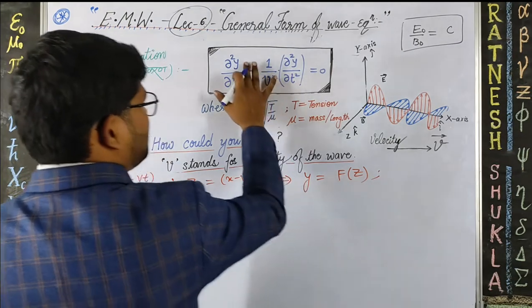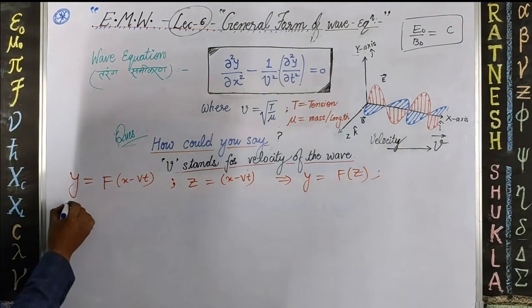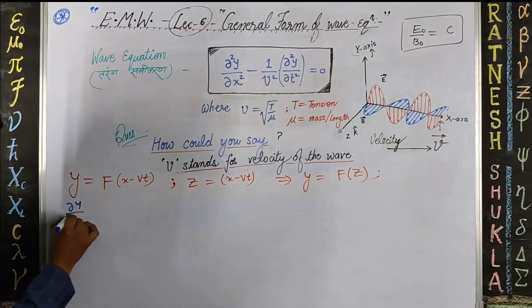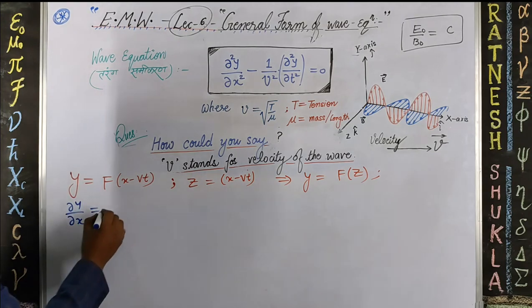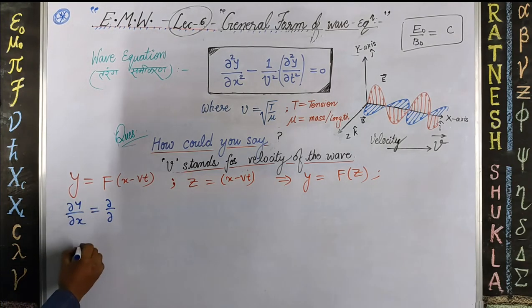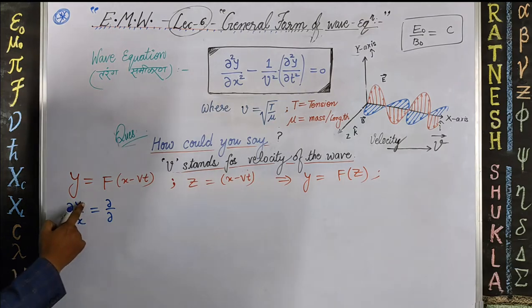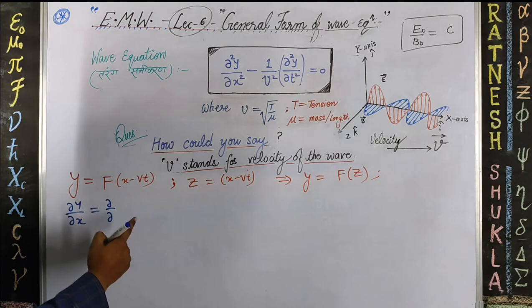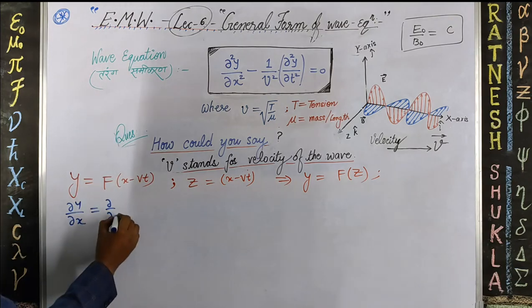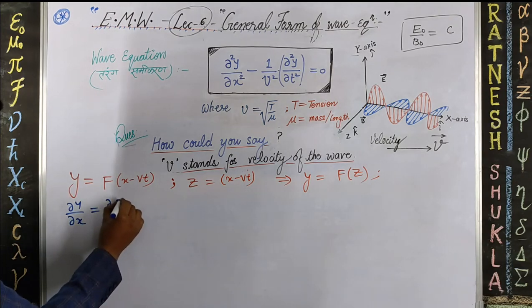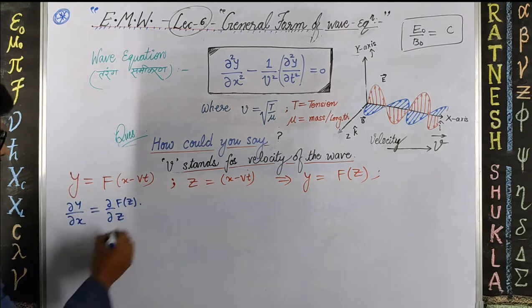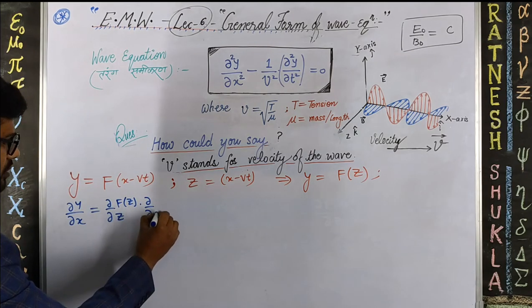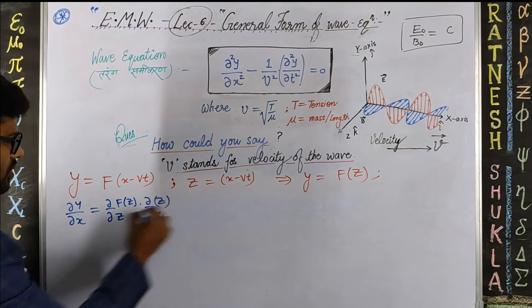So you differentiate y with respect to x, that is dy over dx. y is the function of z, so first you differentiate y with respect to z, and next you differentiate z with respect to x by the chain rule. That is d/dz of f of z into d/dx of z.